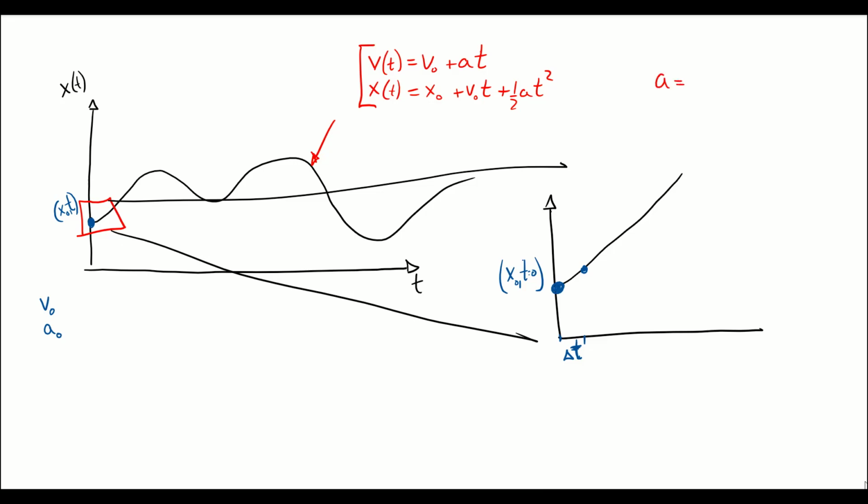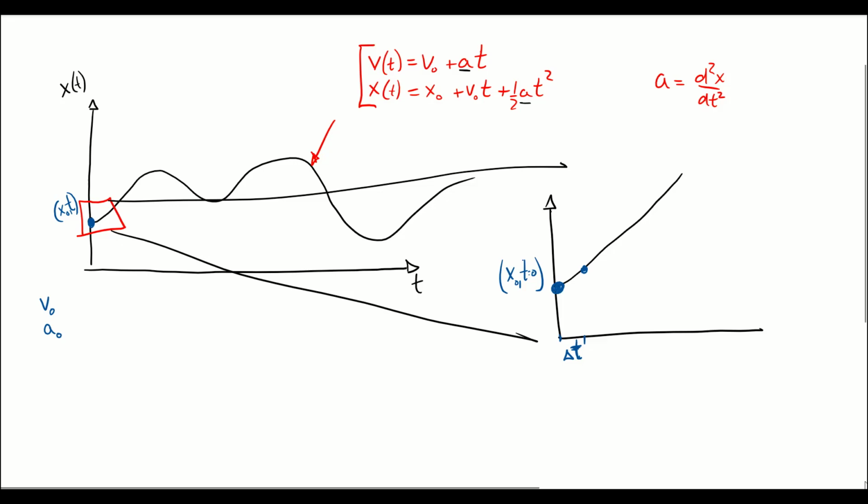Remember that a is equal to the curvature of the position as a function of time. This curvature doesn't change much, right? It's not getting steeper or shallower. It doesn't change much along here. So we can make that assumption that a is constant, which makes these equations work.